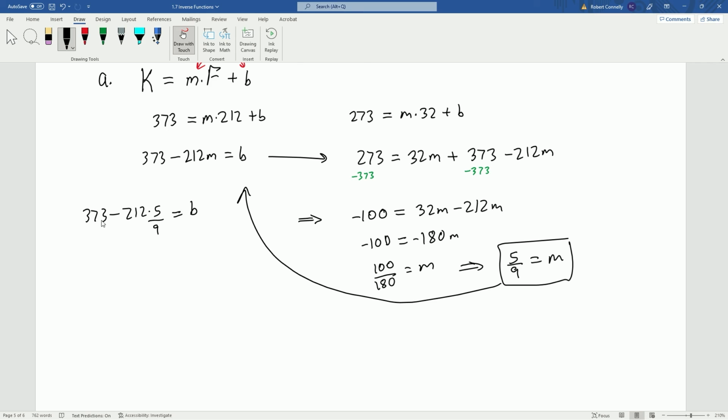I'm going to rewrite 373 as a fraction over 9. So this gives me 3,357 over 9. I just used a calculator to multiply that by 9. Minus 212 times 5, it's 1,060 divided by 9 equals b. All right, so 3,357 minus 1,060 gives me 2,297 over 9 equals b.